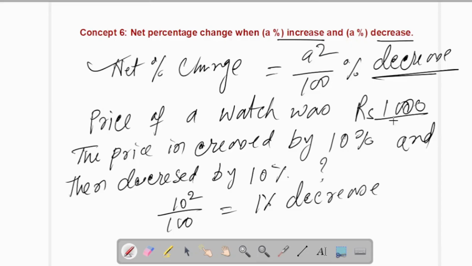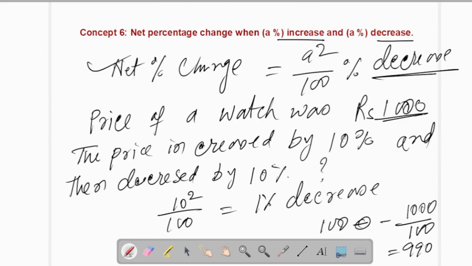If the price of the watch is 1000, 1% decrease means 1000 minus 1% of the 1000. That means 1000 divided by 100. So it is coming 990. So the price of the watch will decrease and it will be 990 after giving the effect.